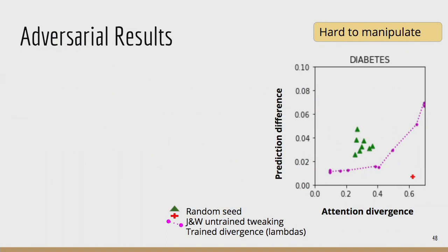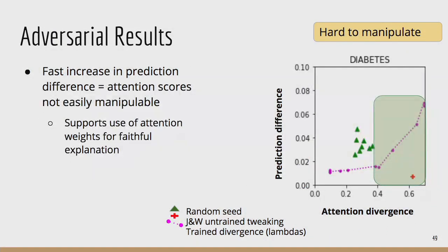And what we see is when we focus on the left bounded portion of our graph, on this data set, as you start to diverge those attention distributions, you really start to lose your prediction power, which is an indication in this case that they actually are good for faithful explanation, because we don't want them to be easily manipulable.